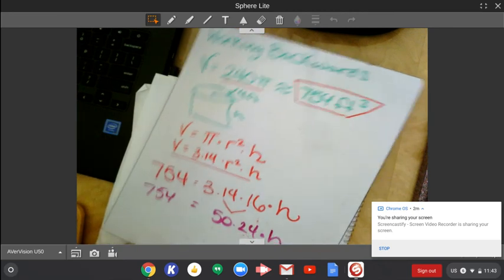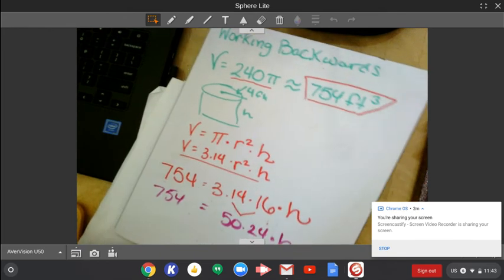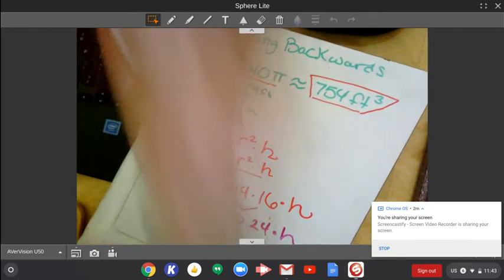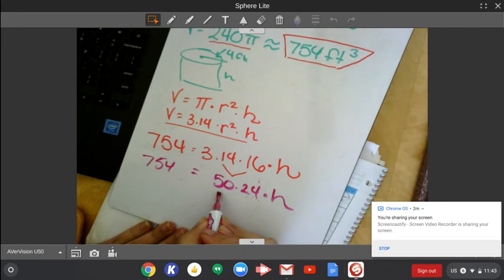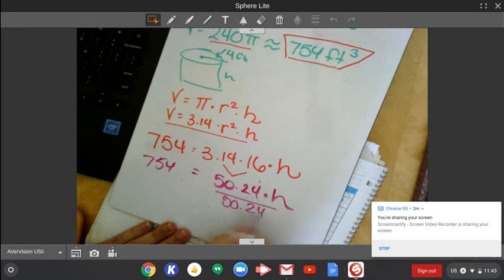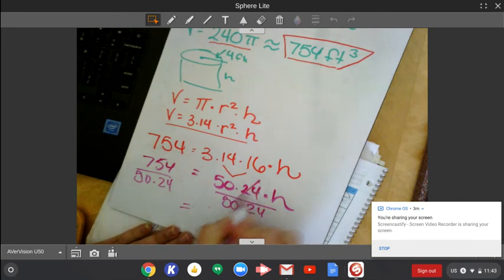Now you just need to figure out what number do you multiply with 50.24 to get 754. So you're going to do the inverse operation. You're going to divide. I know you can do this, if you write it down and show all the steps. Okay, that's going to cancel out because any number divided by itself is 1.